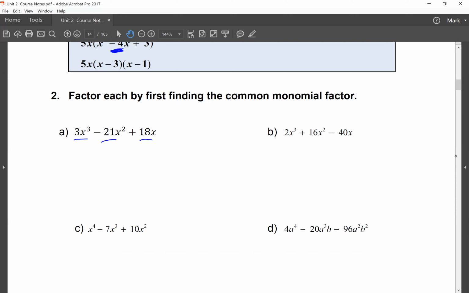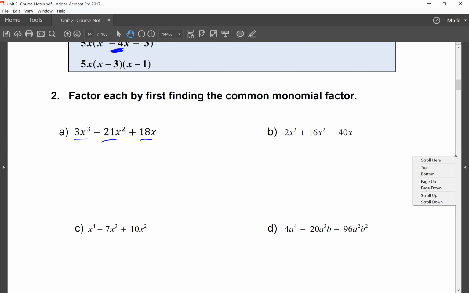So this one's a little bit tricky. I need to think of a number I can remove from all of these. Well, first, I could remove an x. The other thing I notice is that all of these are multiples of 3.